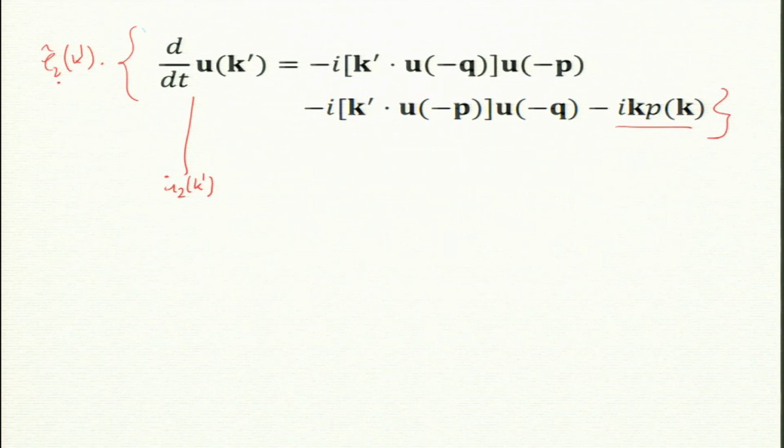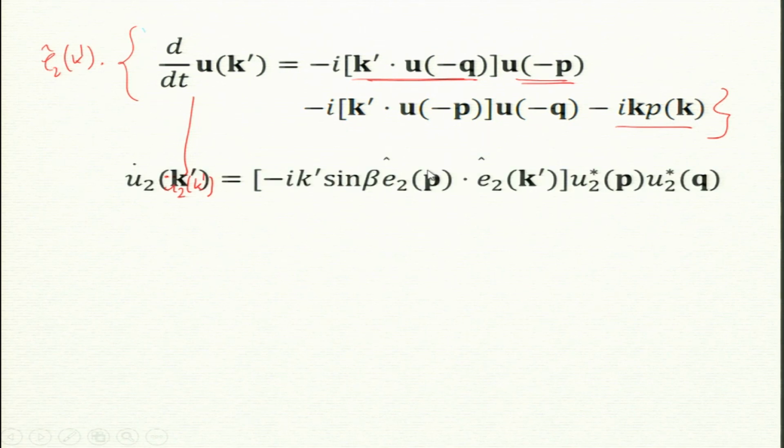Now, this you do not need to recompute. K prime dot u of minus q is same as before. The product does not change. The only thing you need to worry about is u of minus p dot u2 k prime. So, I have a few steps written.